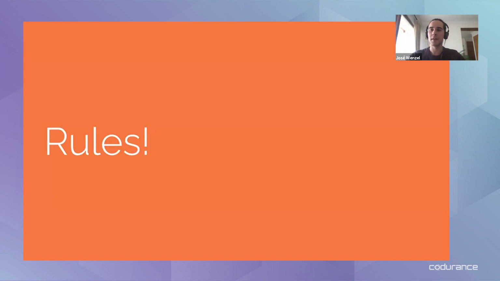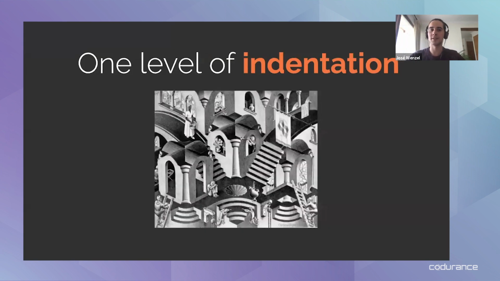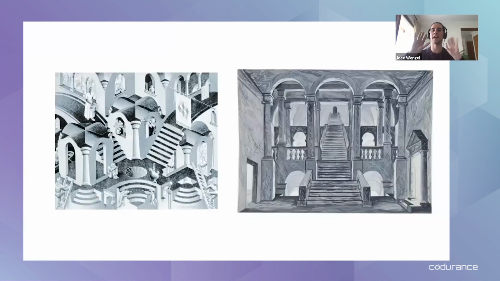So the first rule is one level of indentation. We can all agree that between these two pictures that I have here, one of them is way clearer than the other one. I couldn't find a better analogy, so hopefully this makes sense.